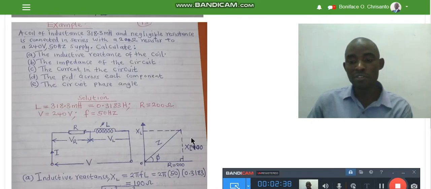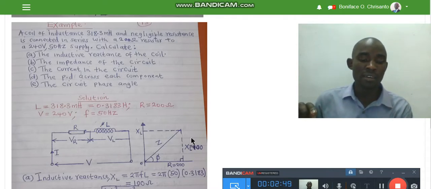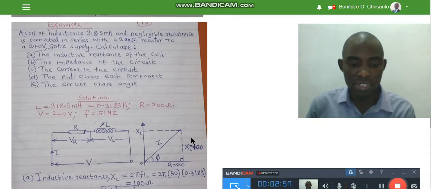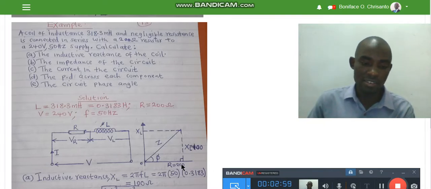I said this before, that an impedance triangle has three parameters. It has the resistance, which is drawn on the horizontal axis.